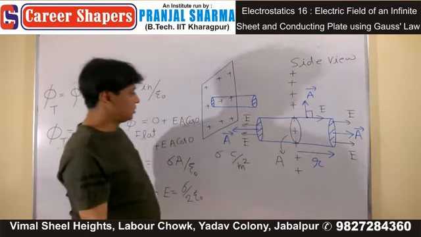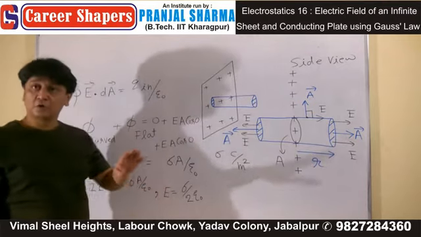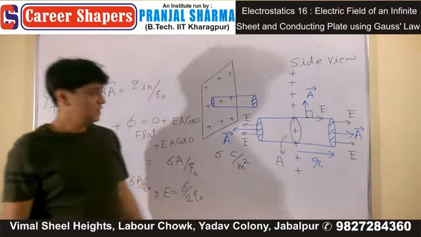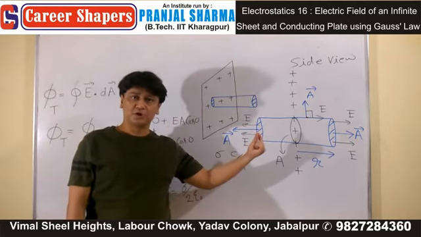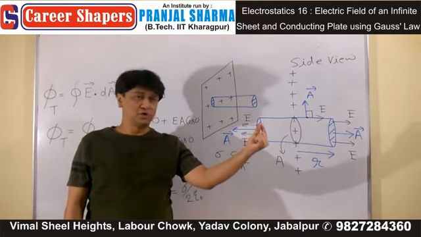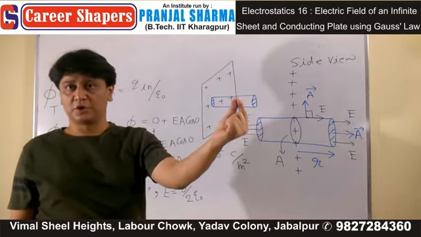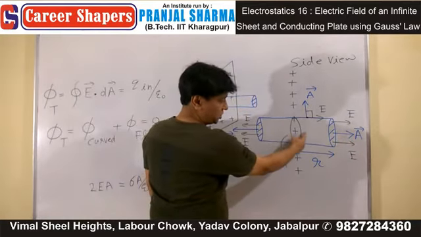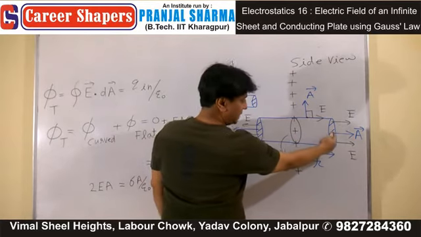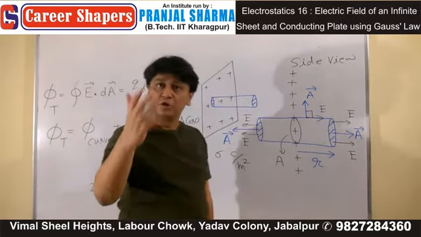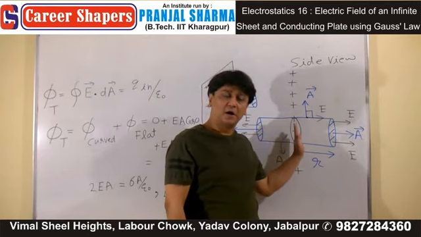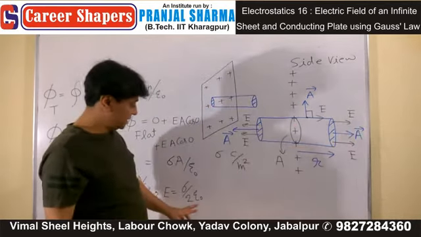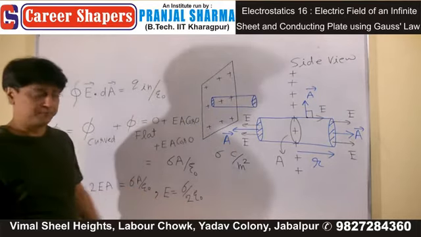But using Gauss, we also found that for an infinite plate, the electric field at this position, at this position, at this position, even though I am moving away from the infinite sheet, is still the same.